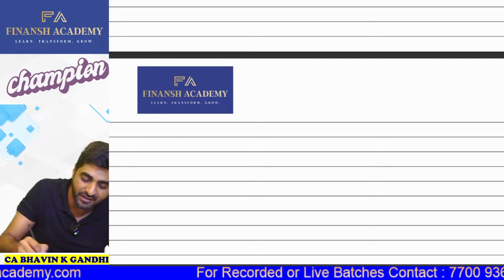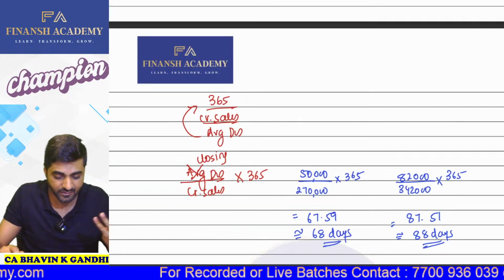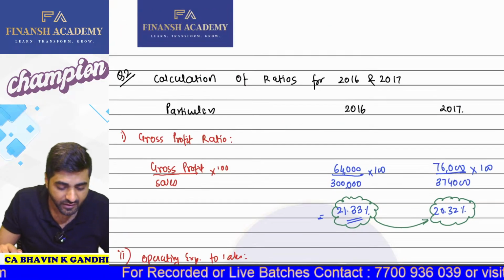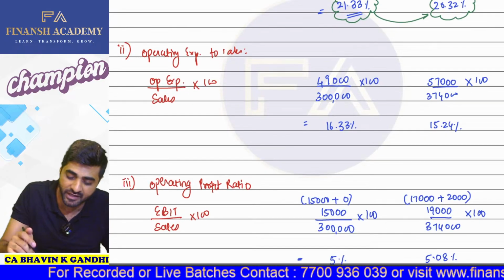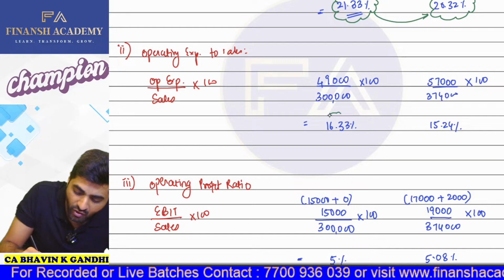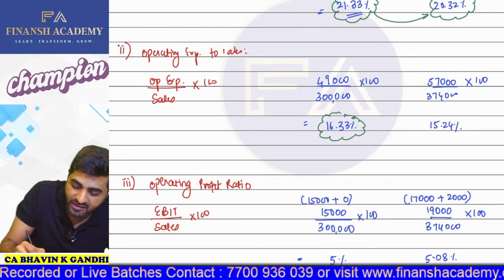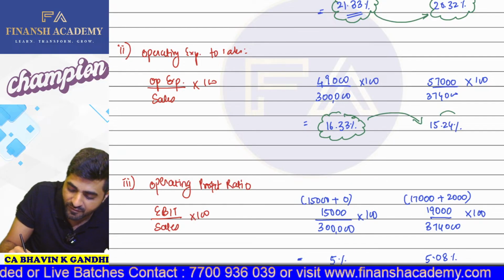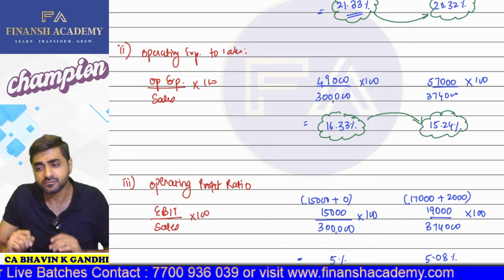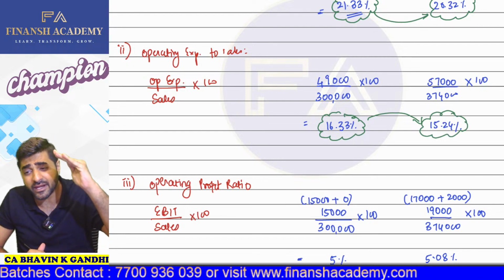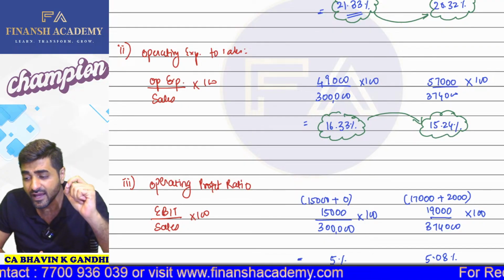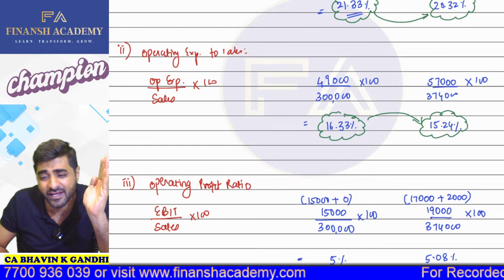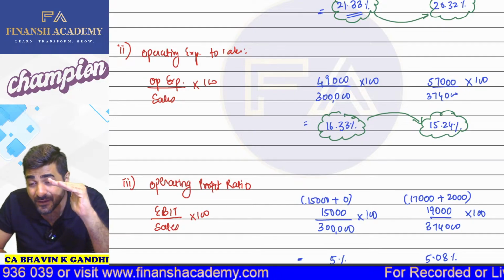Okay. Let's talk about the second. Now in the second part, my dear students, we have calculated operating expense to sales. Now see what is happening to the operating expense to sales. Can you see operating expense is 16.33, which has now reduced to 15.24. So has the operating expenses to sales reduced? Come on, yes or no? Yes, sir. And as you all can check, the operating expenses to sales has been reduced.